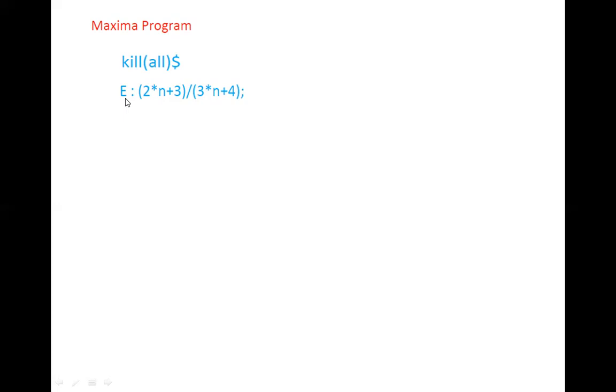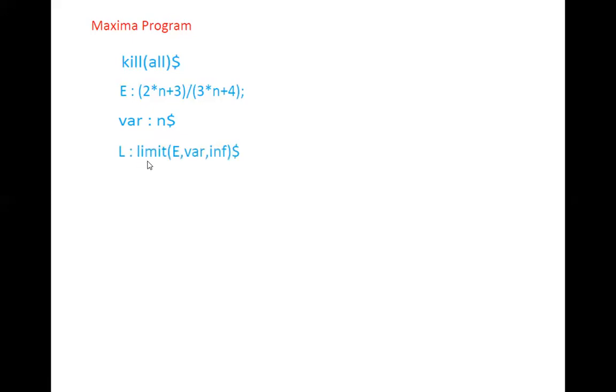Now E is a username, so you can change it as per your choice. We end with a semicolon to display this output, and we use colon here for assigning the expression. And the variable involved is n. So I'm using again a username as var, and I'm giving a dollar sign as I don't need to see the output.